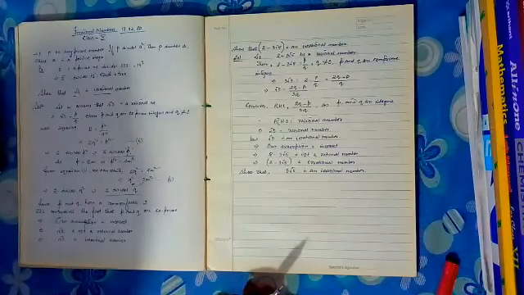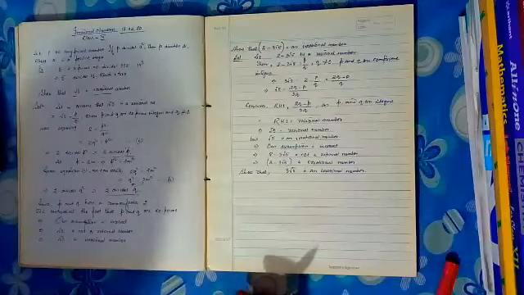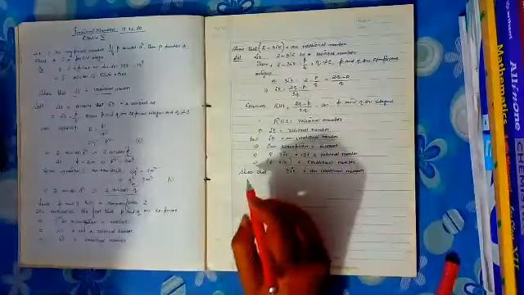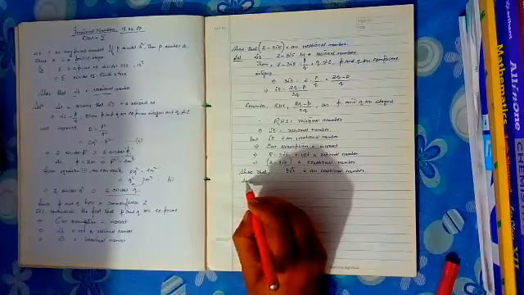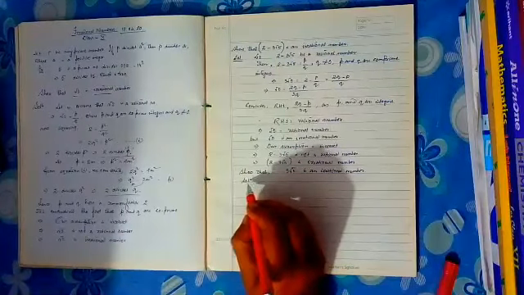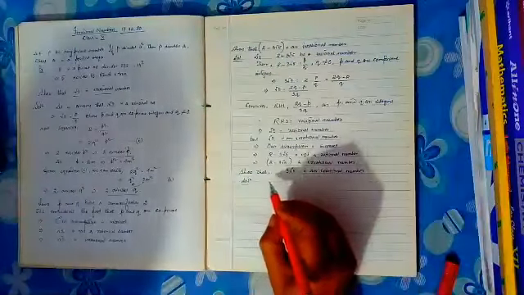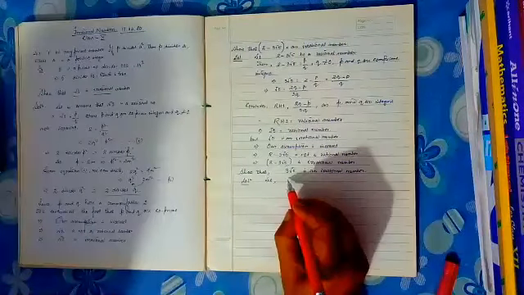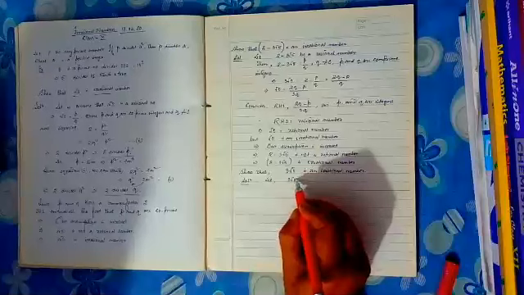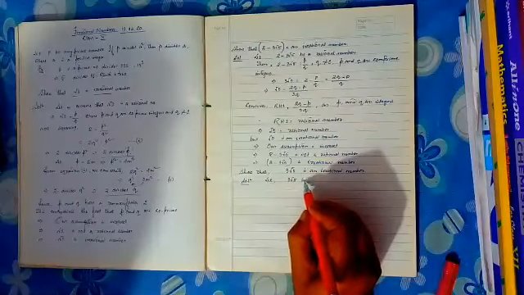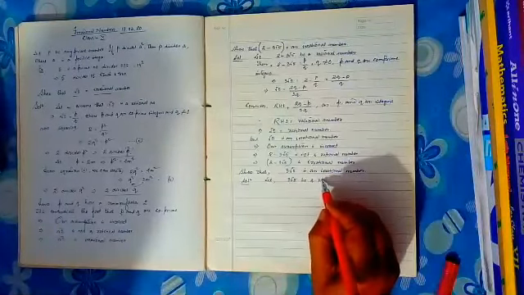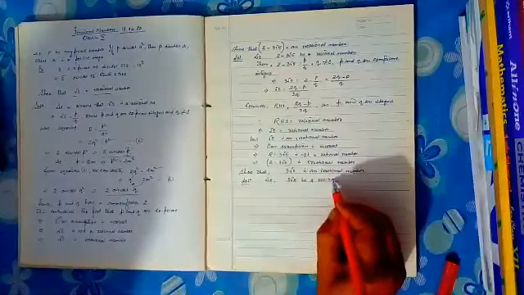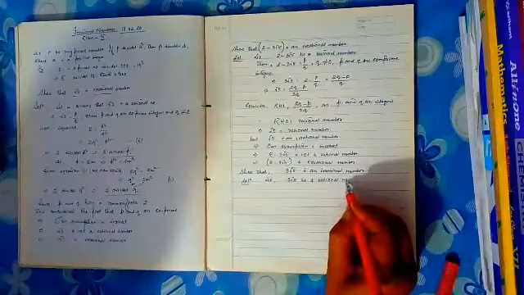Clear? Rational or irrational. So let us make the solution. Show solution for this one. Let 3 root 5 be, as we have written, a rational number.